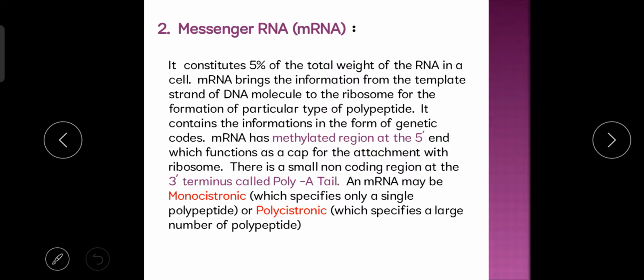So messenger RNA means the RNAs which carry the messages from one strand of DNA, which is also called the template strand of DNA molecule. It carries the messages, meaning genetic information, from the template strand of DNA to the ribosome for the production of a particular type of polypeptide.